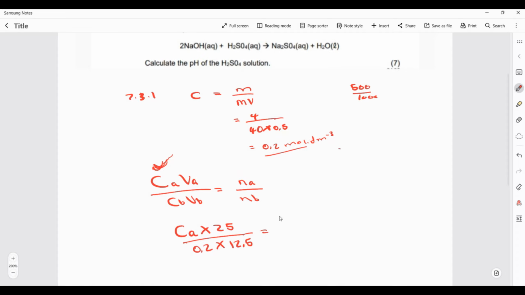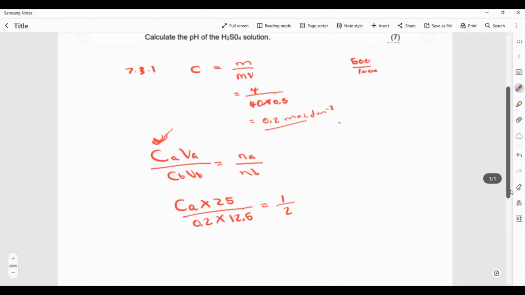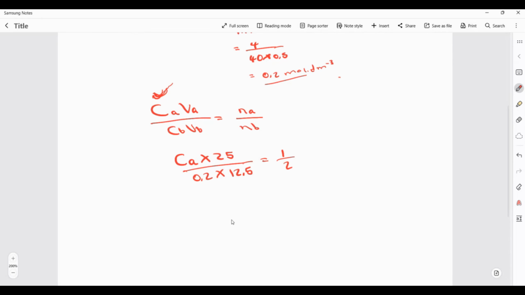And then is equal to, what is the stoichiometric ratio for the acid? It's 1. For the base, it's 2 over there. So when I multiply this to that side, it's going to be Ca multiplied by 25, giving us 0.2 multiplied by 12.5 multiplied by 1 over 2.